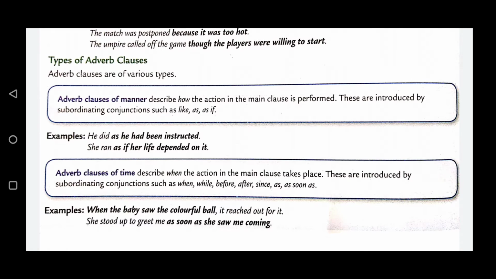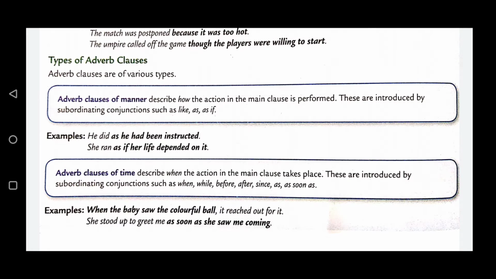Next, adverb clause of time. Time describes when the action in the main clause takes place. These are introduced by subordinating conjunctions such as when, while, before, after, since, as soon as. All these subordinators always tell us when.